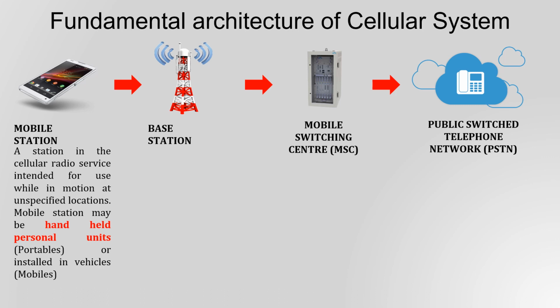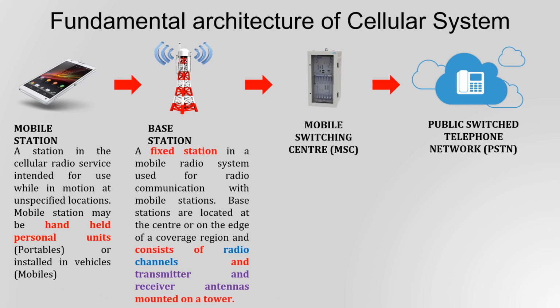The mobile station is nothing but our handheld device, which we carry in our hand, and it moves from one point to another along with us. The signal that is generated from the mobile station will be forwarded to the next component, which we call the base station, BS.